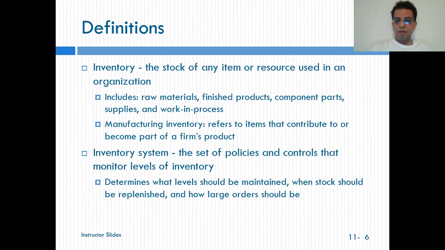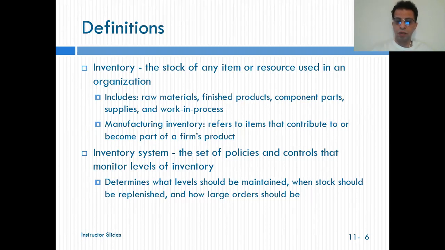Now, a definition: inventory is the stock of any items or resources used in an organization. That includes raw materials, finished products, component parts, supplies, and work in process. There are also manufacturing inventories, which refers to items that contribute to or become a part of a firm's product.